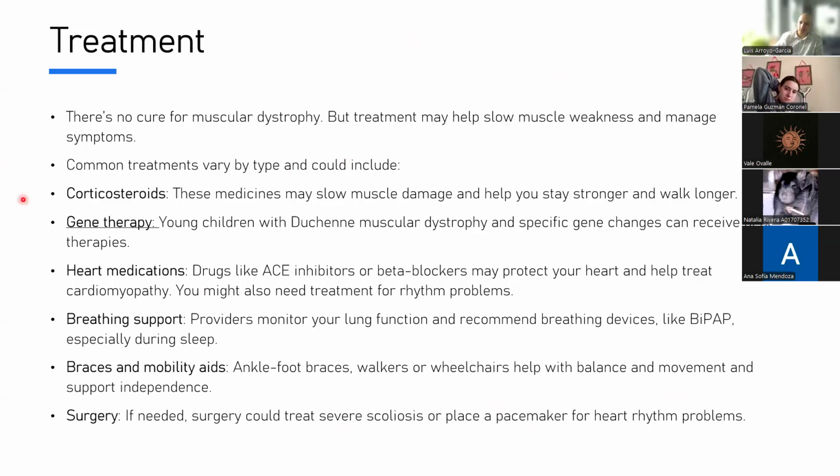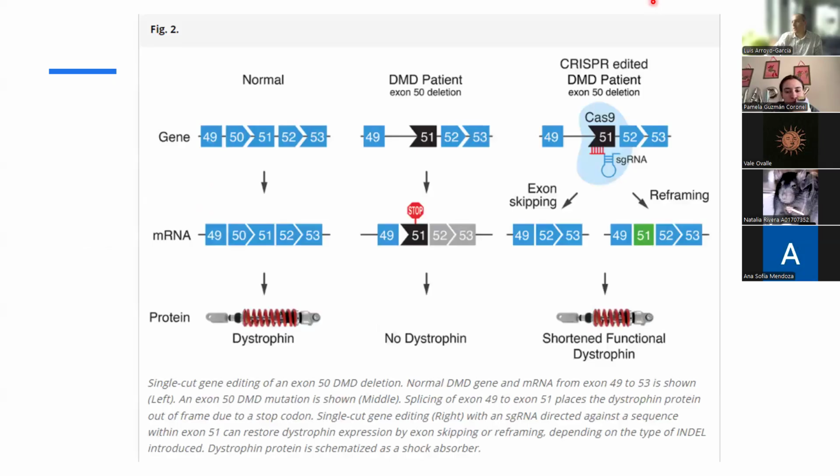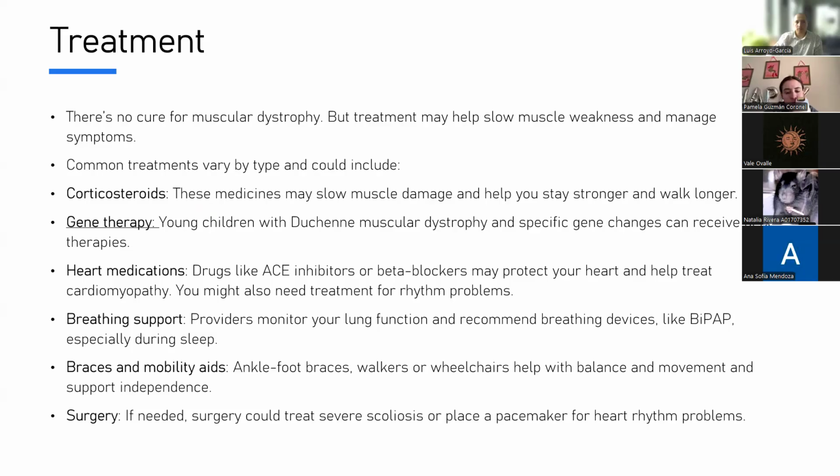So all of this is just to get by the symptoms, but there is one way that the syllabus marks that you should know, although it's still not applicable in humans yet, but it is showing a lot of promise, and that is to use CRISPR-Cas9 editing or gene therapy.